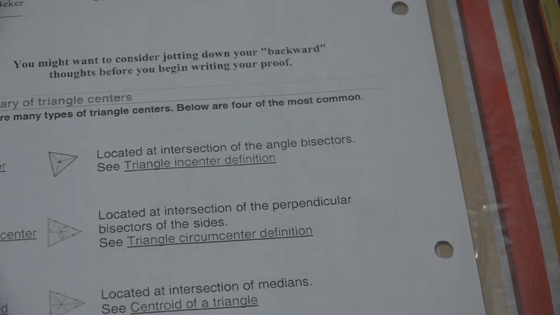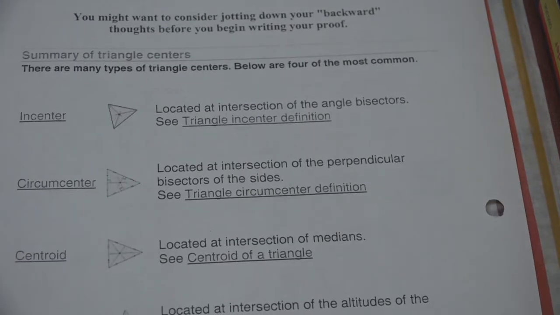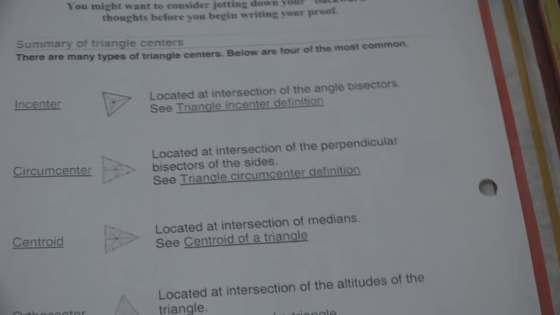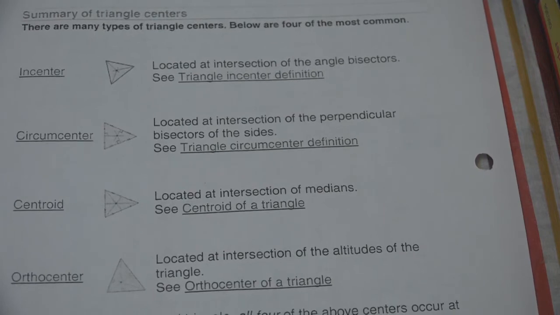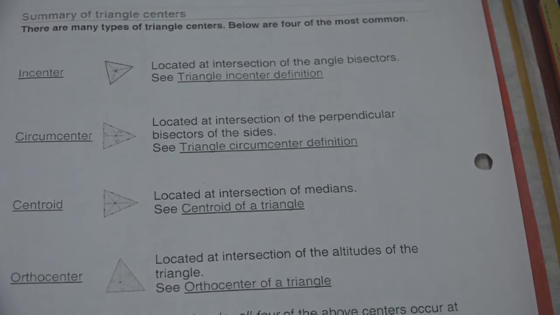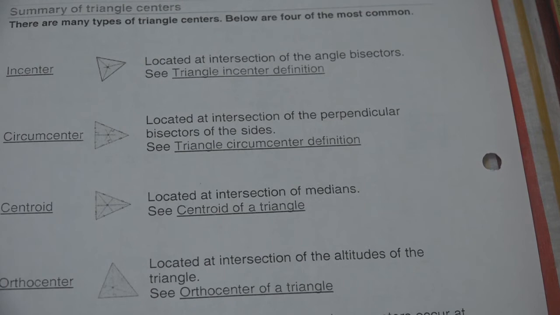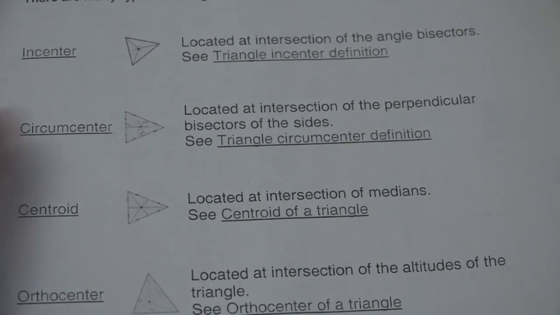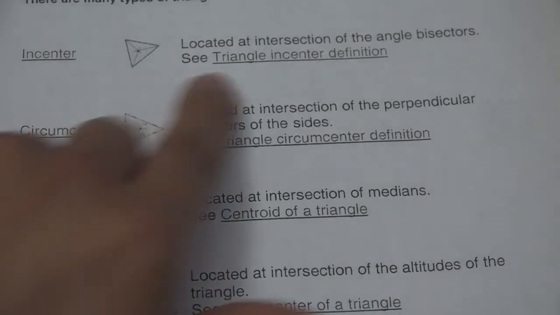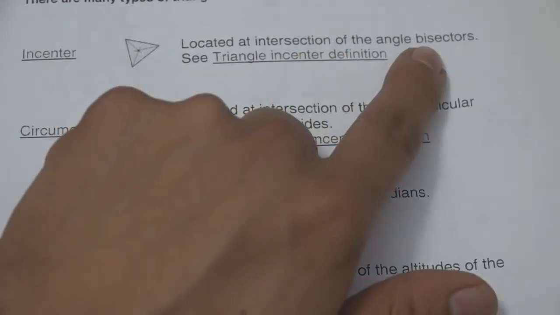So just a quick summary. Okay, I just want to go through a quick summary. So we have the incenter right here. The incenter of a triangle, and let me zoom in a little bit. The incenter is located at the intersection of the angle bisectors.